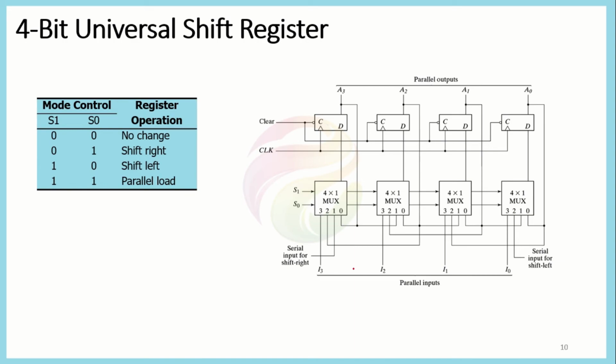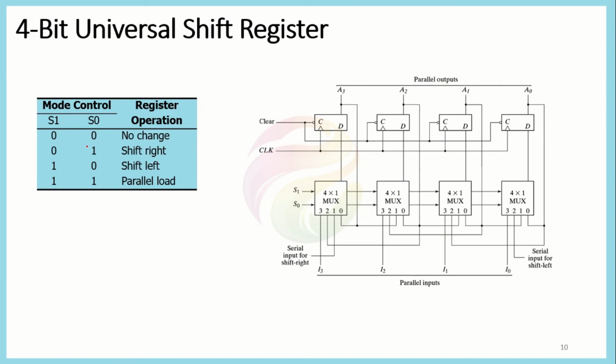So depending upon the values of these selection lines S1 and S0, our system behaves in these 4 ways. Say if both of the values S1 and S0 are equal to 0, then our system in that case would retain its values, and there would be no change in the output of A0, A1, A2 and A3.